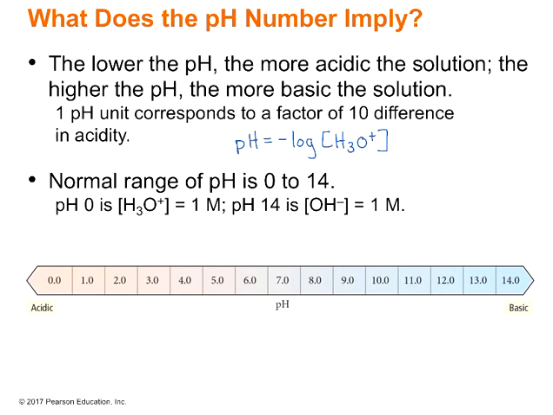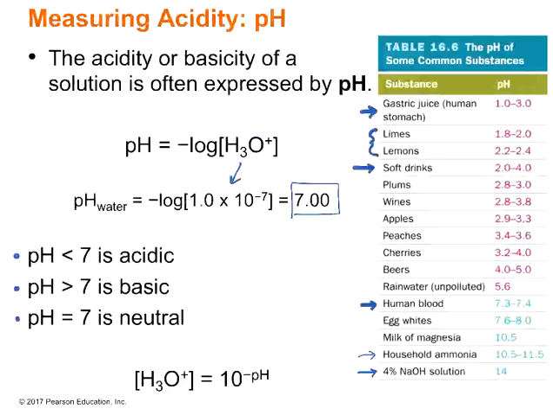So let's actually go back a slide. One thing that I didn't talk about on this slide was how to calculate the concentration of hydronium ions if you have a pH value. So down below at the very bottom, we can see that the concentration of hydronium ions is equal to 10 to the negative pH value.